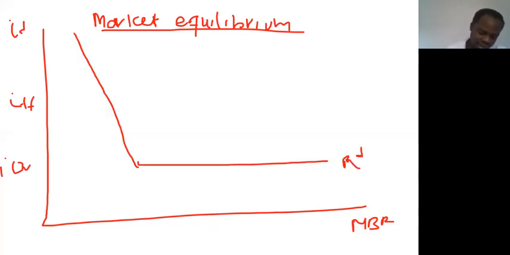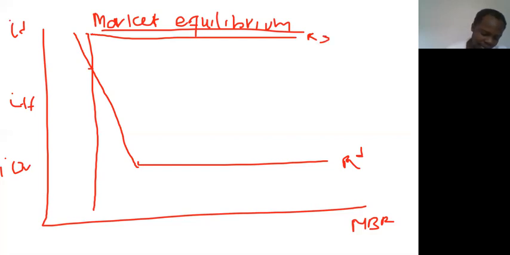And we also know that the supply will have this shape, which is RS, right? Where they meet becomes the equilibrium IFF, and this point also becomes the non-borrowed reserves. So this is the diagram depicting a situation whereby the demand for reserves and the supply of reserves meet, and the point where the two meet is what we term the equilibrium point.